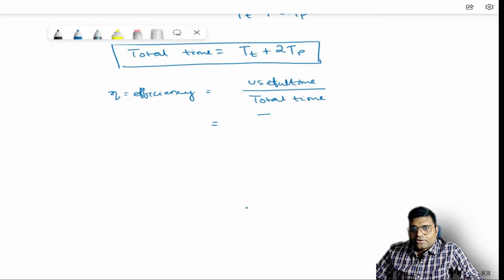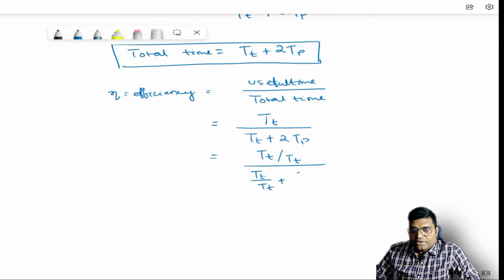So in this protocol, useful time is transmission delay, divided by total time, which is transmission delay plus 2 TP, propagation delay. So let us consider dividing by transmission delay: if you divide this, Tt divided by Tt plus 2 TP, by Tt, it is equal to 1 upon 1 plus 2 TP by Tt.